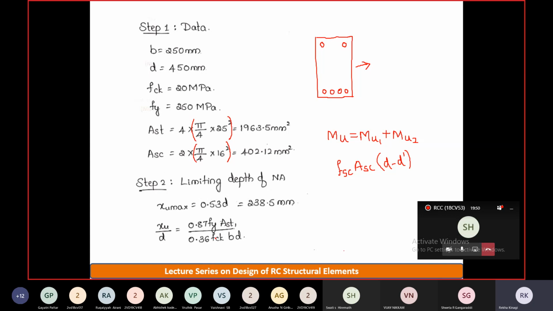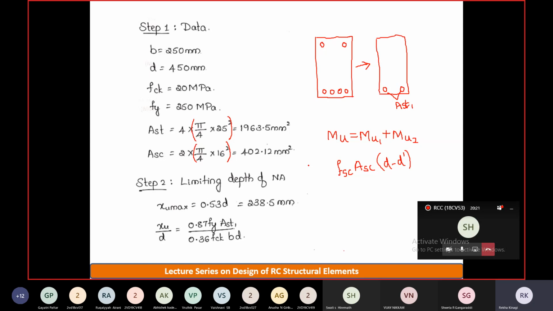Whenever we are bifurcating this doubly reinforced section into parts, let me consider only 2 bars here, and I'll mention them as AST1.